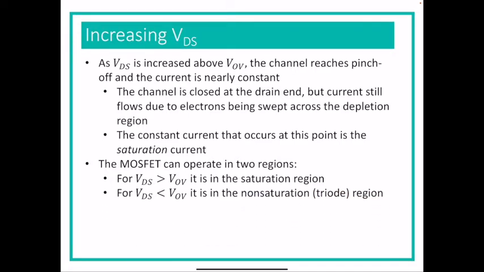And then if you have drain to source voltages that are less than the overdrive, you're in a different region. You're in something called the non-saturation or triode region, and it's called both things. In engineering electronics, it's always called triode region, and then in this class, it's always called non-saturation for whatever reason.